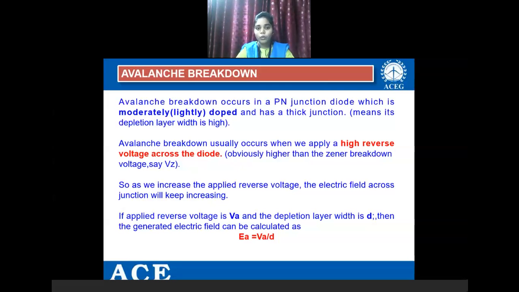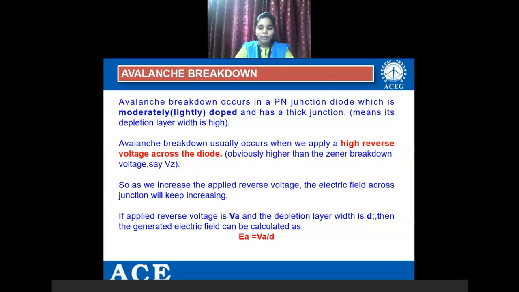These are going towards the depletion layer, and these will collide with the electrons present in the depletion layer. Whenever they go and collide with the bound electrons present in the depletion layer, carrier multiplication takes place.